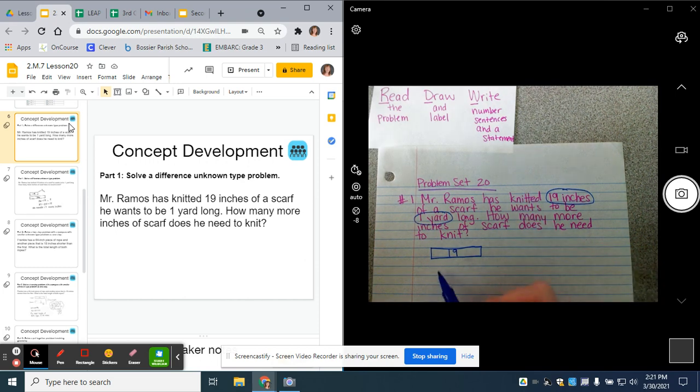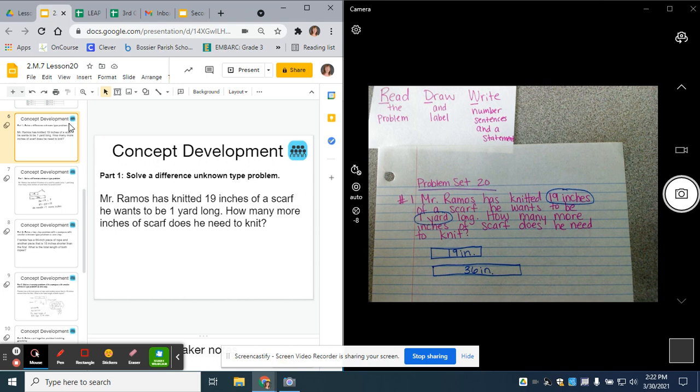Well, we cannot have 2 measurements and 2 different lengths. So think back to how many inches are in 1 yard, 12, and then how many feet are in 1 yard, that would be 3. So 3 12s is 36 inches is 1 yard. Okay, 36 inches equals 1 yard.